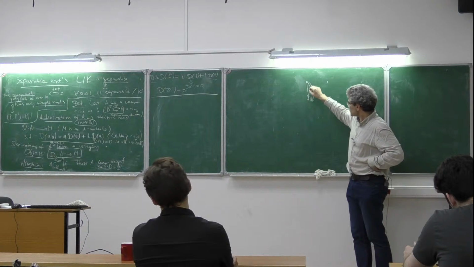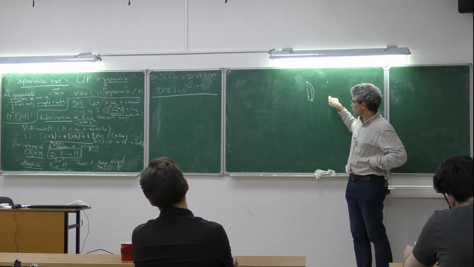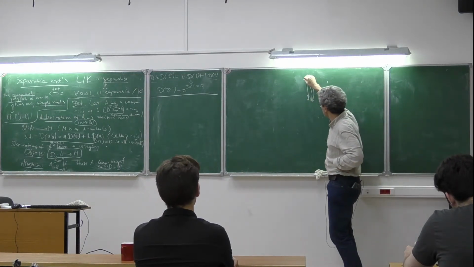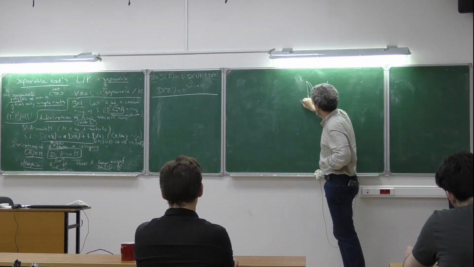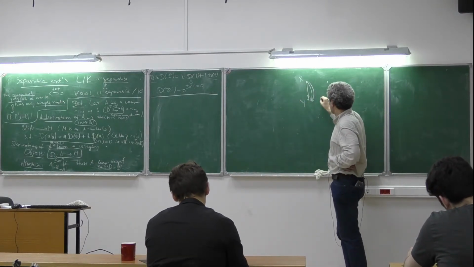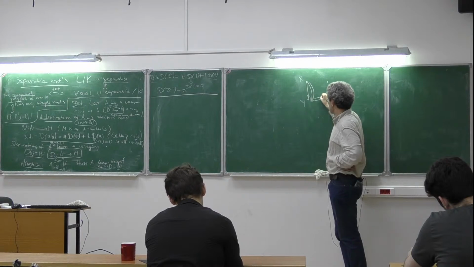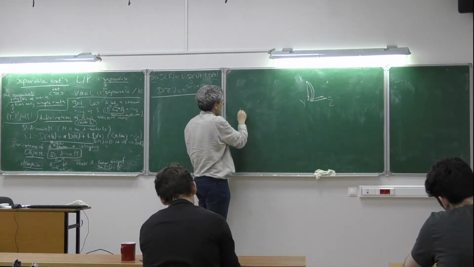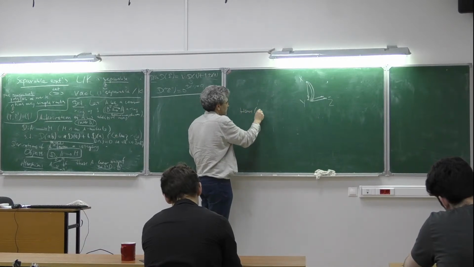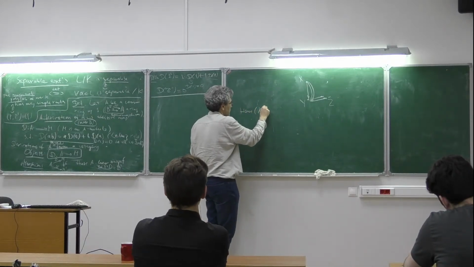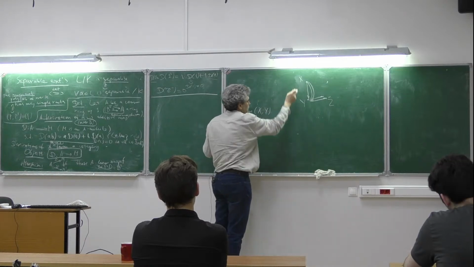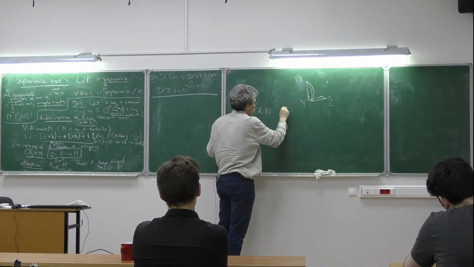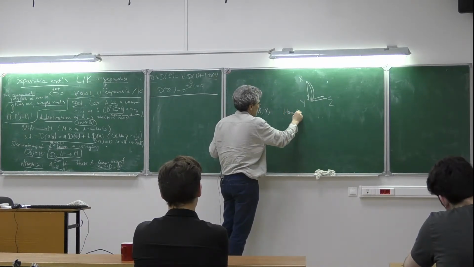For any triple of objects, say x, y, and z, you have morphisms from x to y, and also morphisms from y to z.